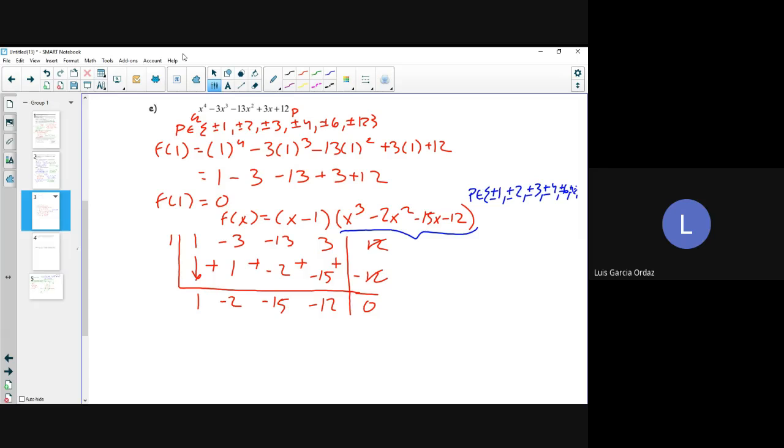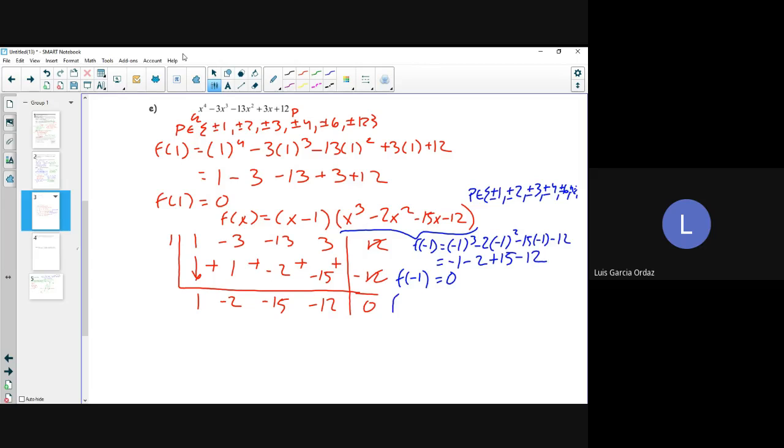Negative 1. Okay. So we got negative 1, minus 2, plus 15, minus 12. And when we simplify that, that gives us an answer of 0. Which means f at negative 1 is equal to 0.